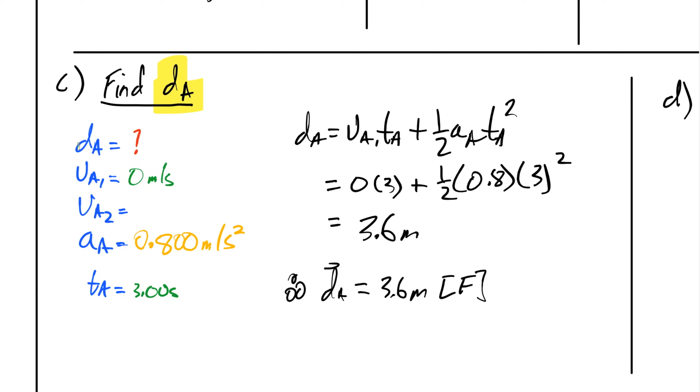Since we're trying to find the distance in section A, we have to use the one formula that does not have VA2 in it, and that is equation number 2 in our accelerated motion. D is equal to V1t plus 1/2 at squared. Substituting in, we end up getting 3.6 meters. Therefore, dA is equal to 3.6 meters forward, except let's get the proper number of sig figs.